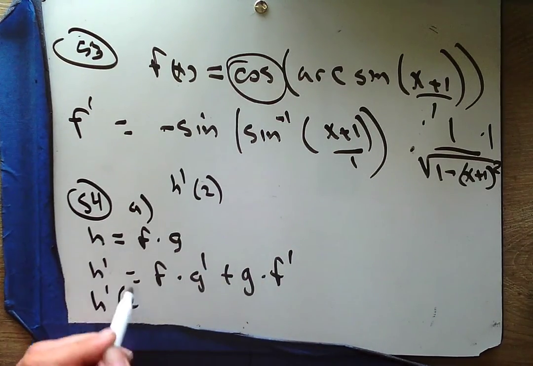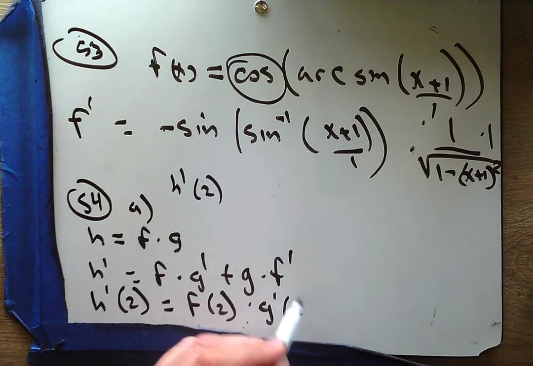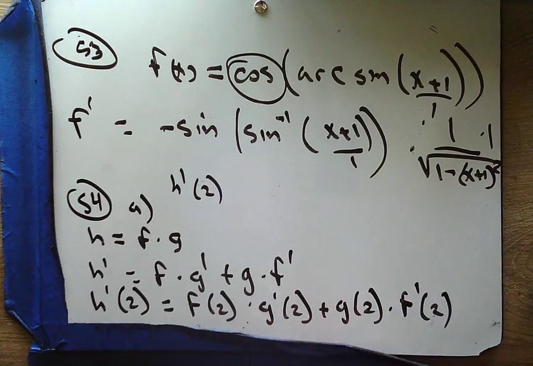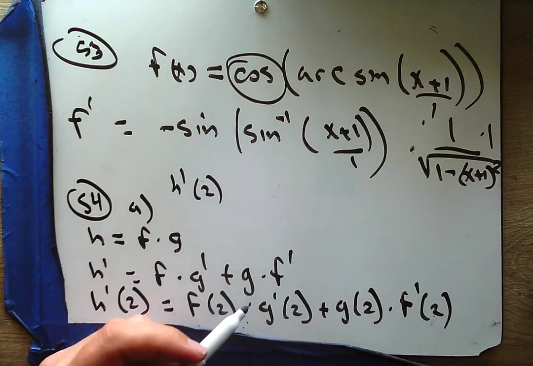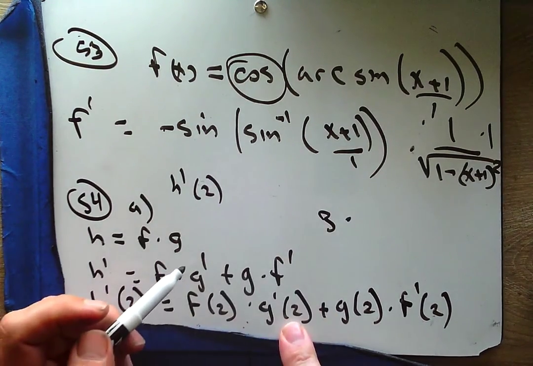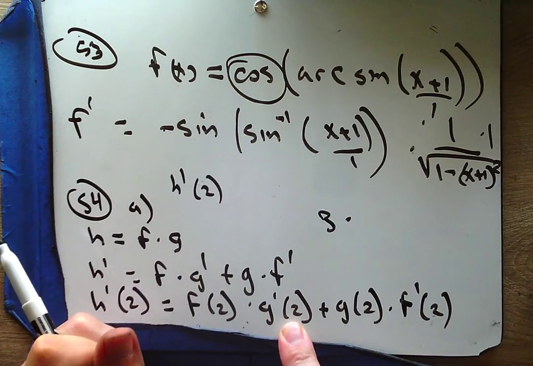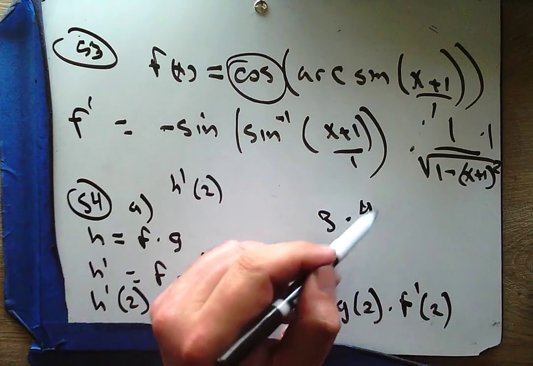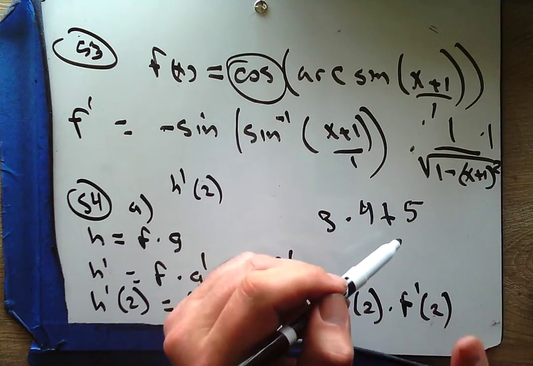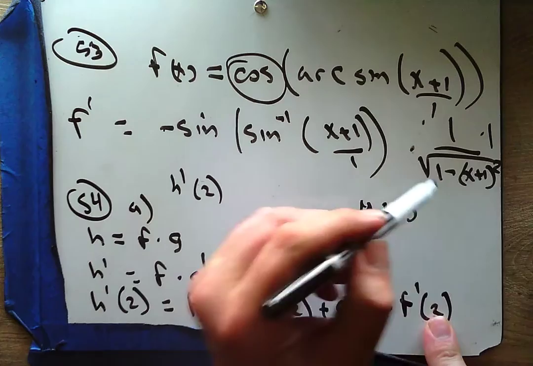And I want h prime of 2, so that's f of 2 times g prime of 2 plus g of 2 times f prime of 2. So I was told that f of 2 equals 3, g prime of 2 is 4, plus g of 2 is 5, and f prime of 2 is negative 2.